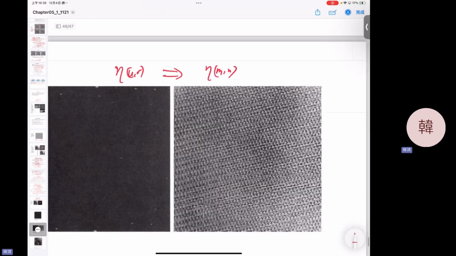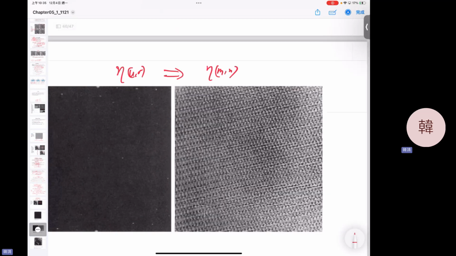So in the spatial domain, you assume your original additive noise looks like this spectrum, like this noise in the spatial domain, but if you remove this, maybe a lot of the image content itself will be removed as well.